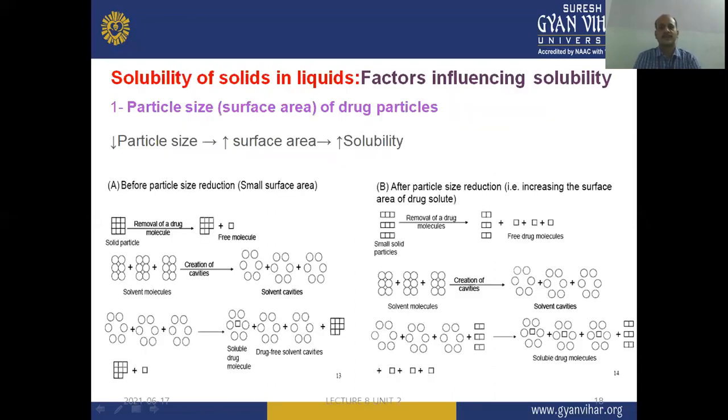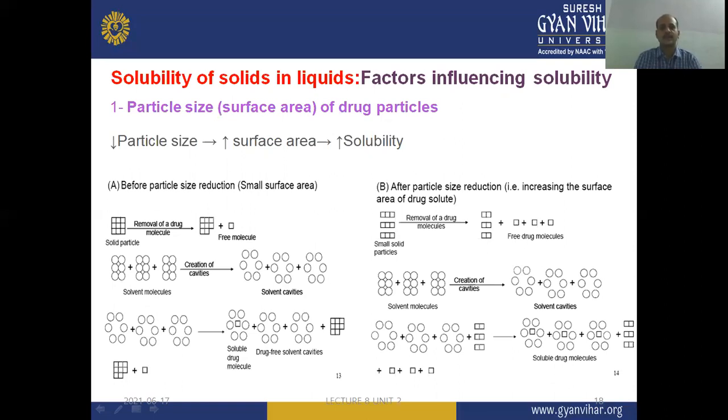First we have to discuss the solubility of solids in liquids. There are so many factors which affect the solubility of solids in liquids, like particle size and surface area of drug particles. The first factor which affects the solubility of solids in a liquid solvent is the particle size.